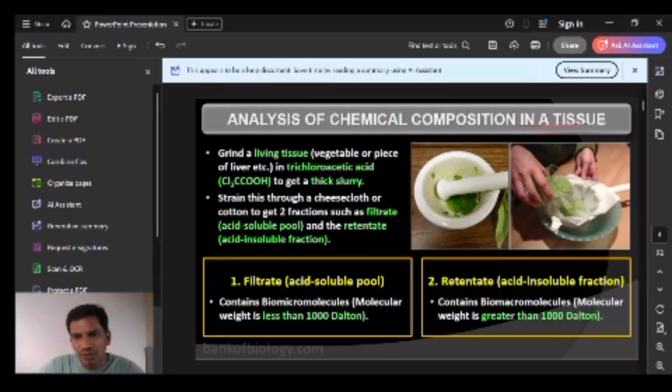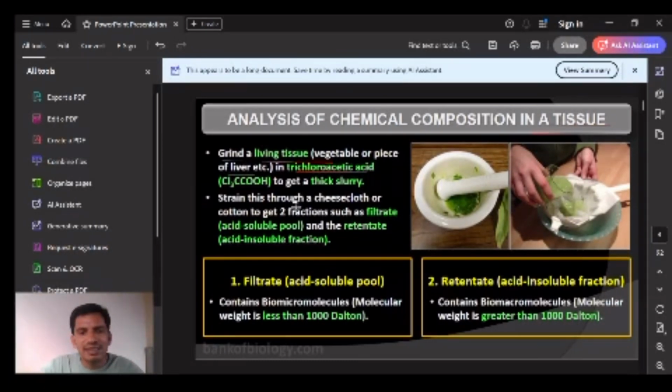If you take a liver tissue or a plant material like spinach, first you have to grind the living tissue, a vegetable or a piece of liver, meaning an animal extract and a vegetable extract, in trichloroacetic acid, Cl3CCOOH. When you grind it, you get a thick slurry.